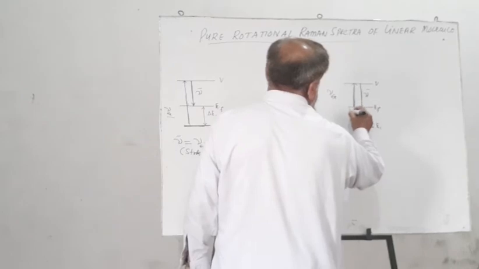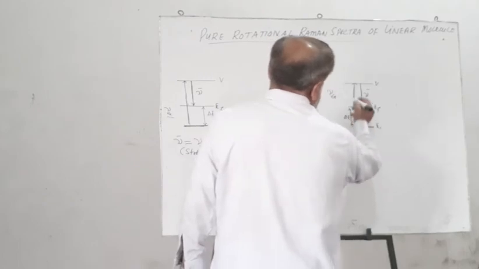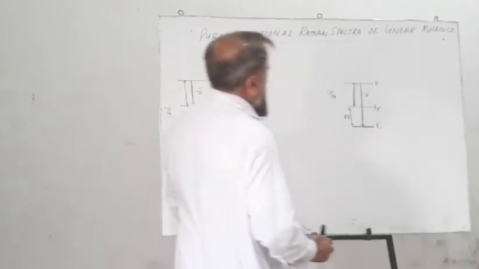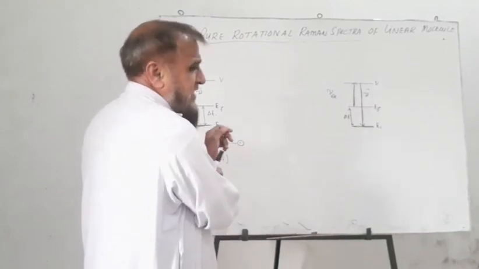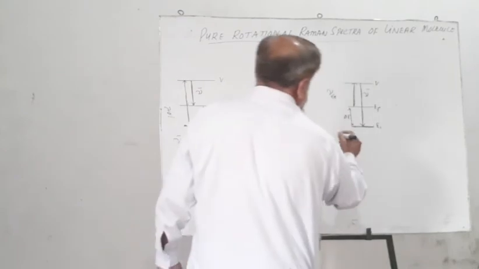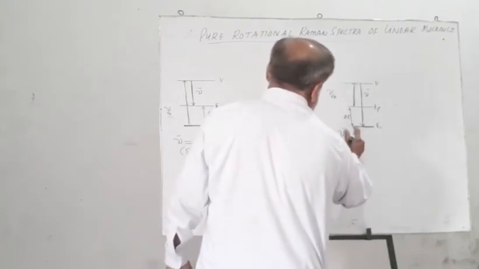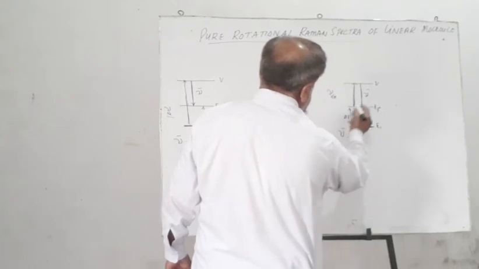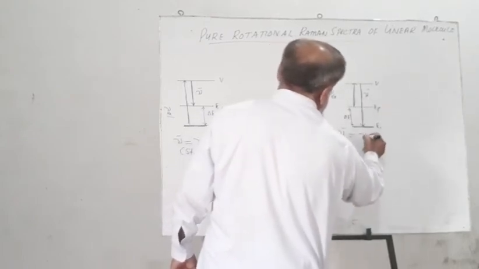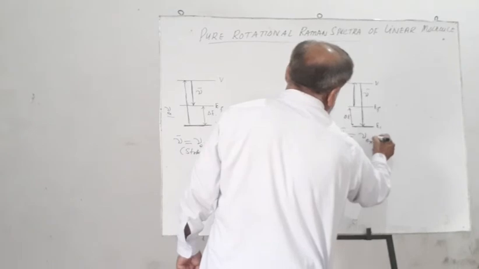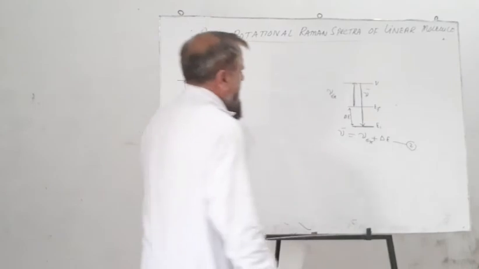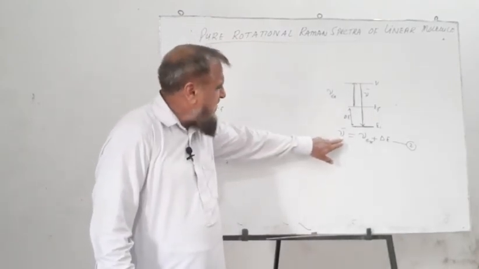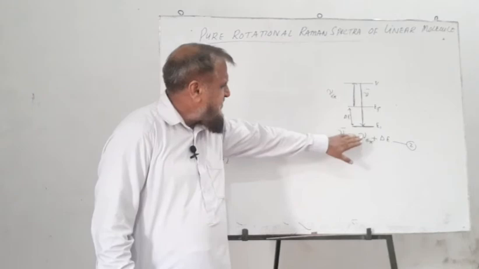Here the energy gap is delta E. In this case, the scattered radiations will have a frequency higher than the exciting radiations, and we can write nu bar, the frequency of scattered radiation, will be given by nu excitation plus delta E. Equation number 2.